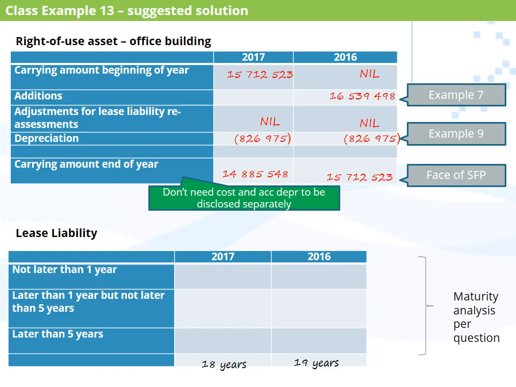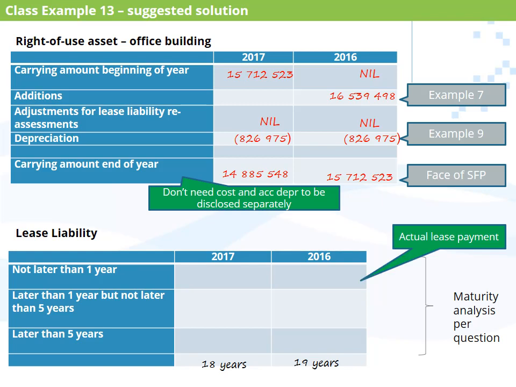So if we start off with the not later than 1 year, that is the lease payments that will be made for this lease in the next year, and this is only the lease payment relating to the lease component, the actual lease payment.